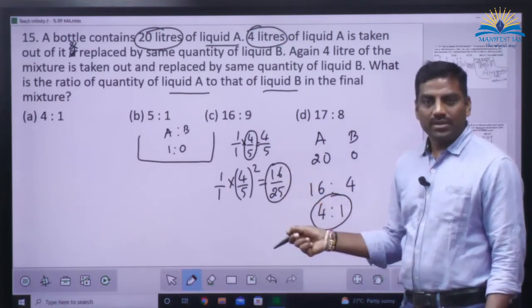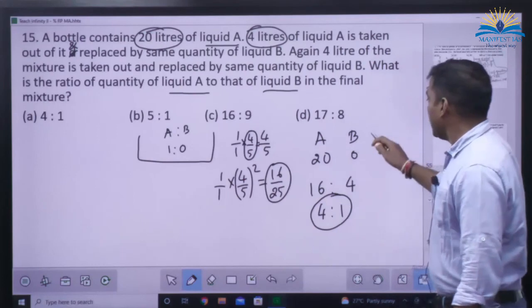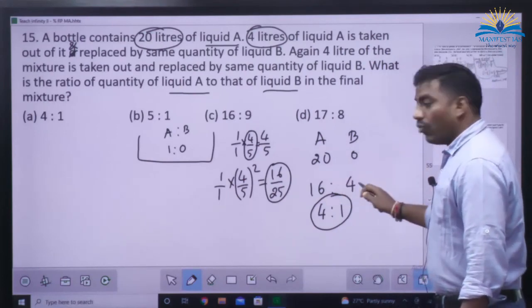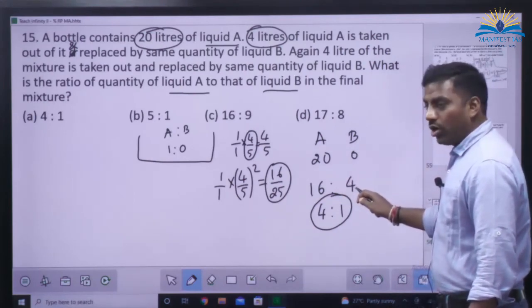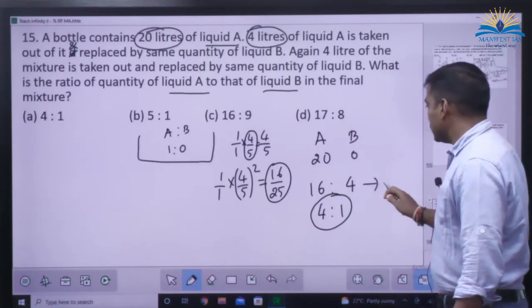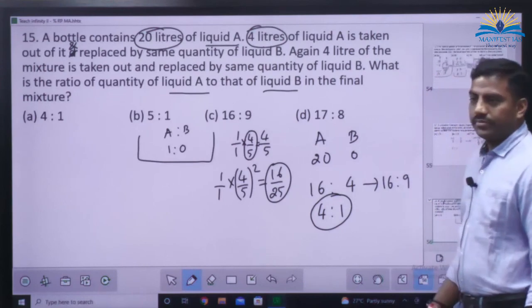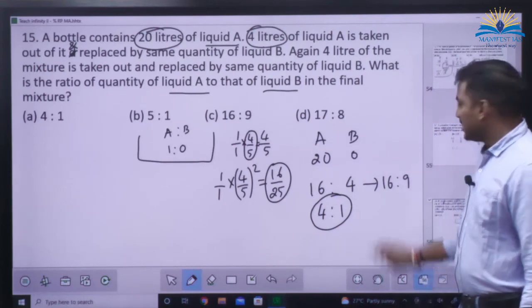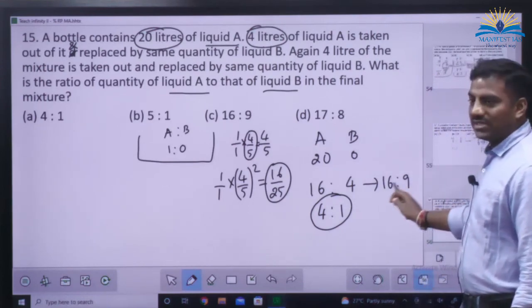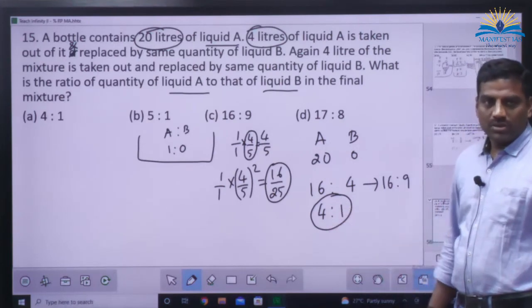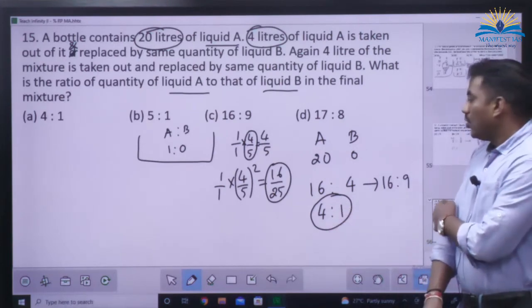Rest all is B. So A is to B. Once it had become 16 is to 4. Now it has become 16 is to 9. This is ratio only. Don't go by 16 plus 9. This is ratio. Ratio is getting worsened.